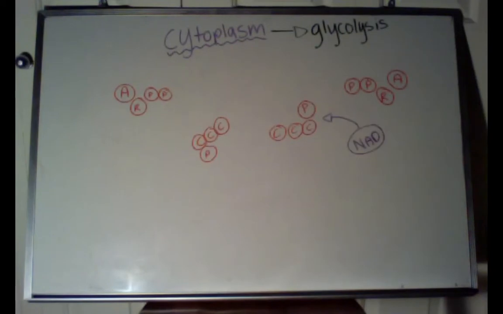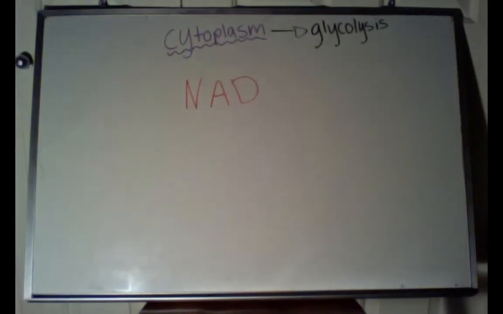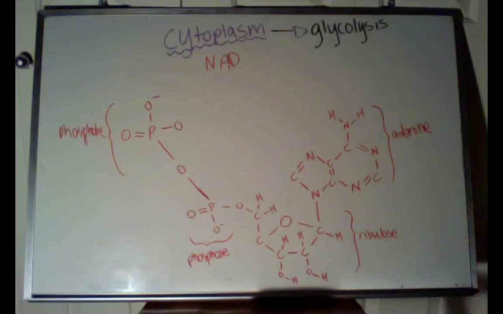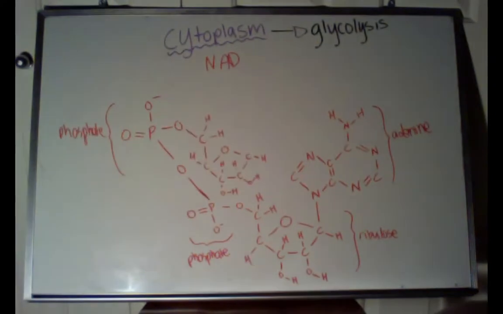Now what happens next is we have a compound known as NAD that comes. But stop. What is NAD? Well, this is known as nicotinamide adenine dinucleotide. And a quick chemical composition, we have a ribose, adenine, a phosphate, and a phosphate, which looks very similar to ADP, but there are a few more compounds attached.